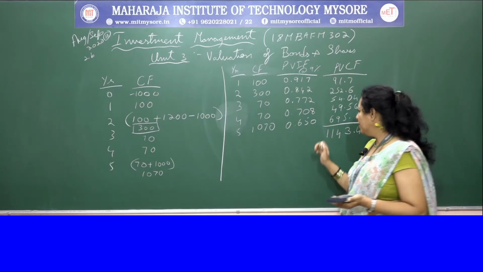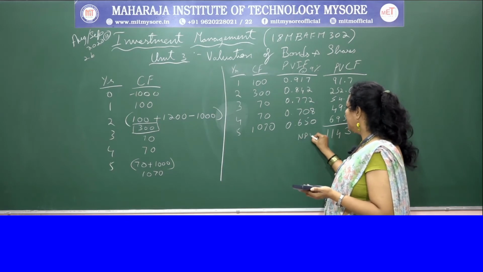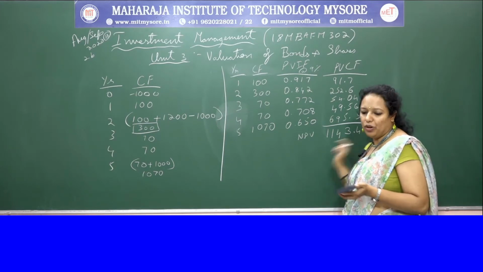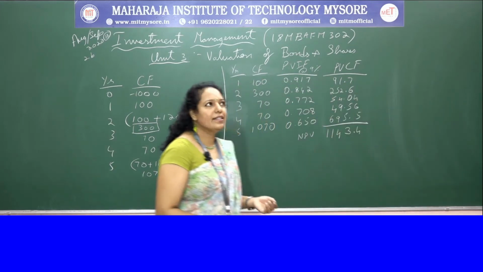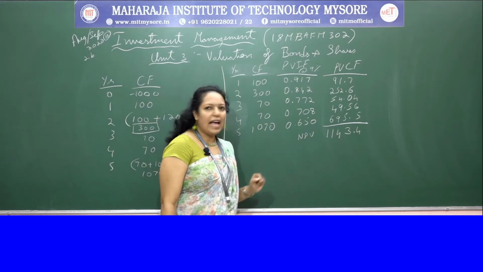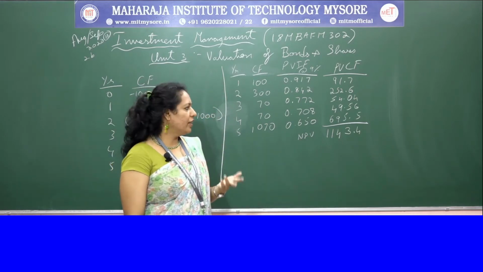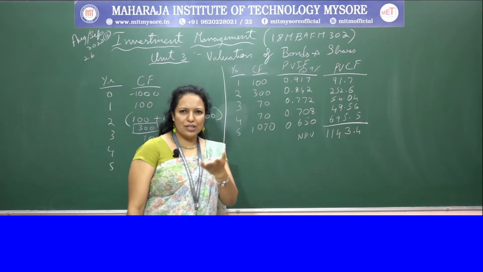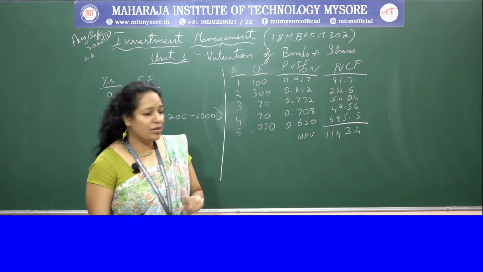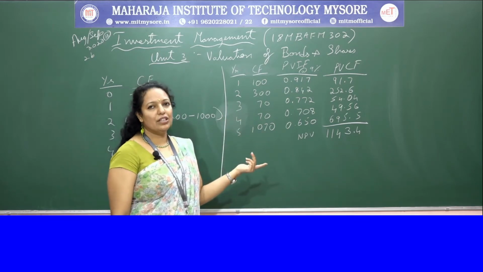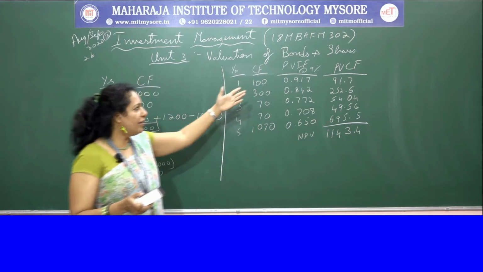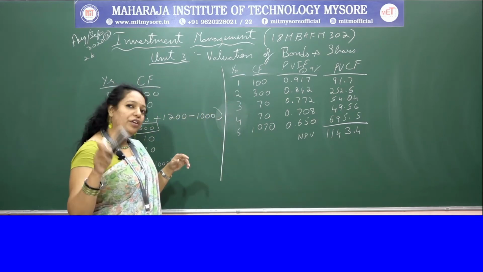This we call NPV value, that is 1143.4. After this you have to know that 1000 rupees is there and you have got your NPV as 1143.4. One value should be greater than 1000 and another value should be less than 1000. So you've got the value which is greater than 1000. So you need to take a higher interest rate. You have already done 9%. Now you have to do it for a higher percent.